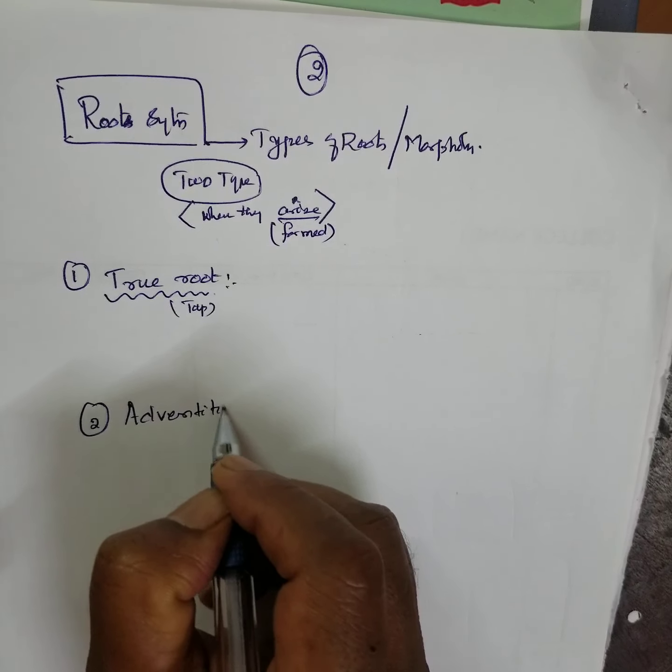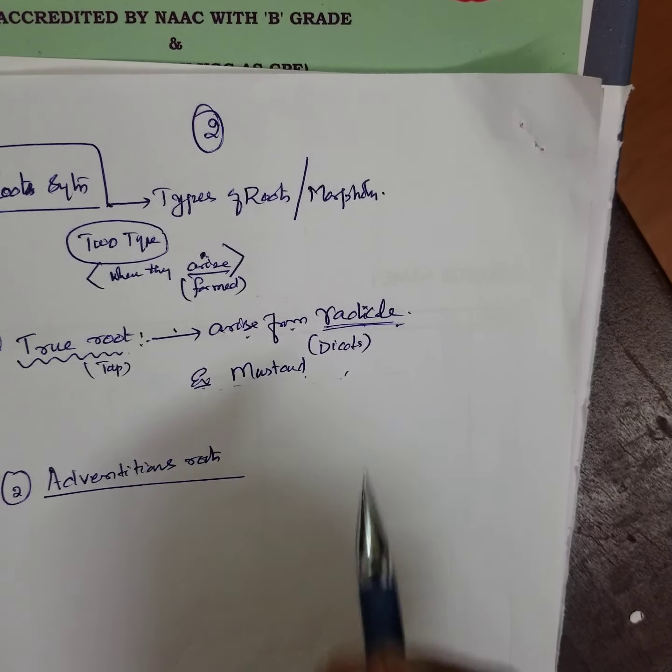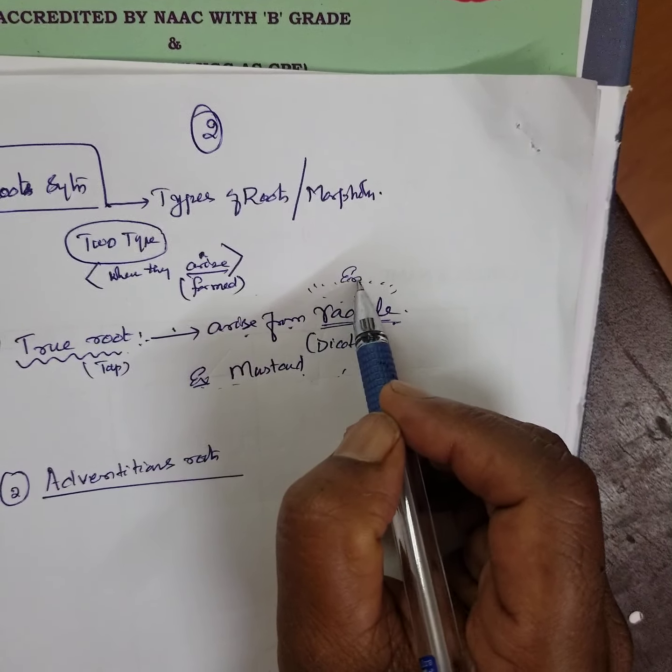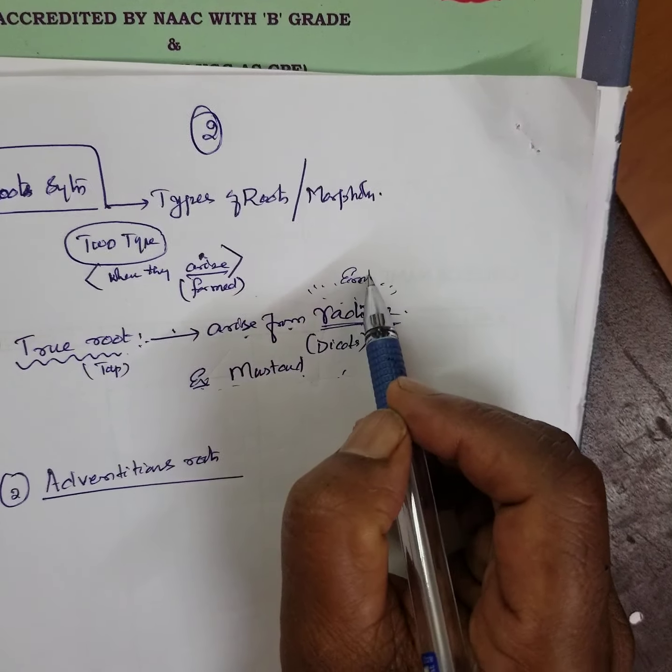Example, mustard. It is a dicot. The radicle is a structure found in the embryo, remember. That means the root arises from the radicle structure which is in the embryo.